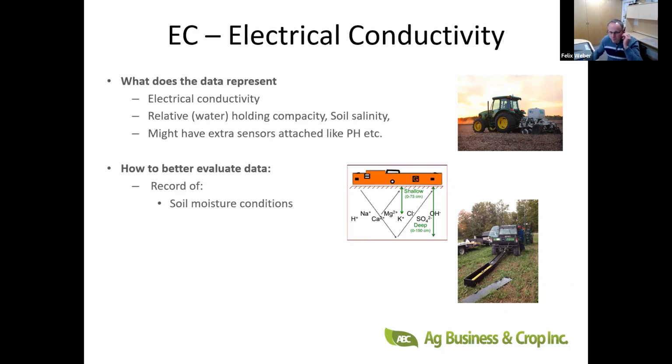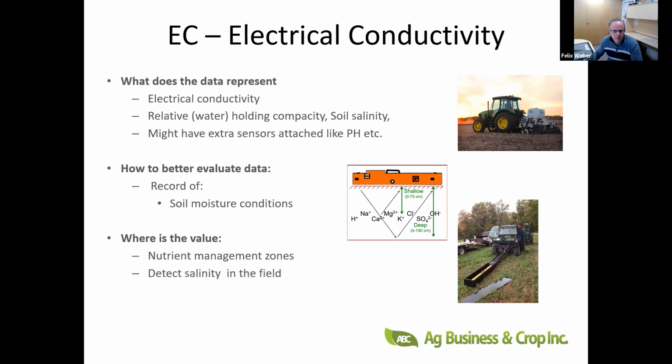The data from one field is not directly compatible with the next field, so it can be calibrated with soil samples again to make sure that you understand that data. Where is the value in that data? In conjunction with elevation data, it can help you to make zones.